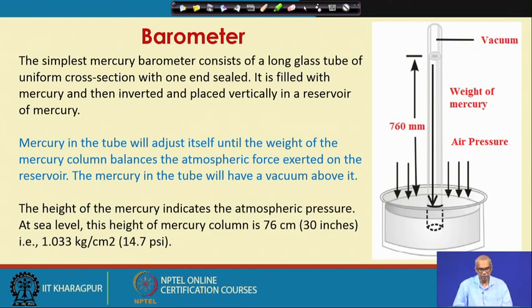The height of the mercury indicates the atmospheric pressure. At sea level, this height of mercury column is 76 centimeter or 30 inches of mercury, that is 1.033 kg per centimeter square or 14.7 pounds per square inch.